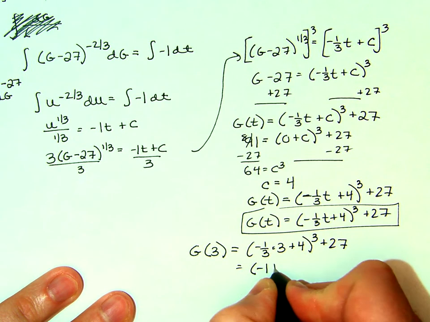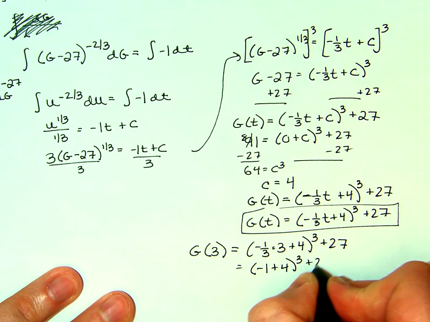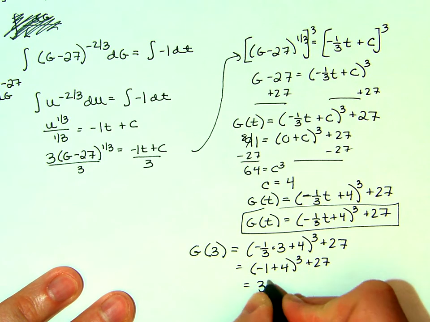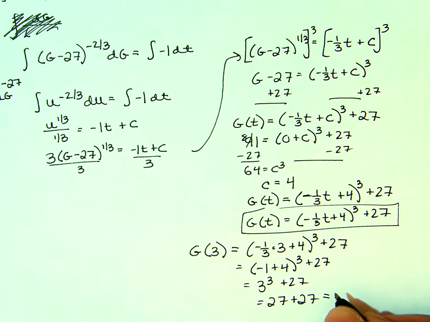This is negative 1 plus 4 cubed plus 27. That is 3 cubed plus 27. That's 27 plus 27. And here, I just want to make sure, yep, I'm getting an approximation of 54 degrees Celsius.